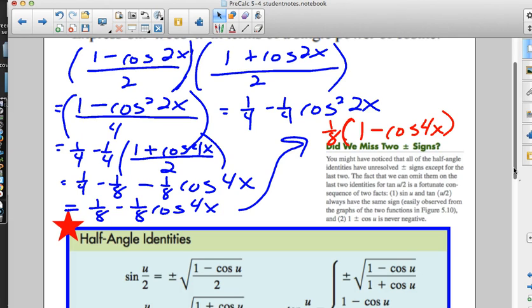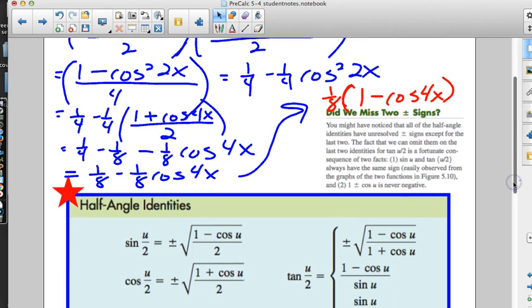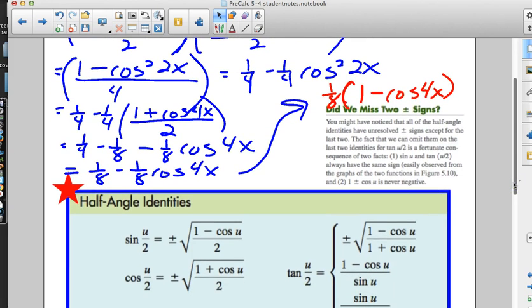All right. Good news, we have time to talk half angle identities. Our little box here says, aren't we forgetting that all of these things could be plus or minus? And it says you might have noticed that all of the half angle identities have unresolved plus or minus when you look at all these formulas down here, except for the last two.